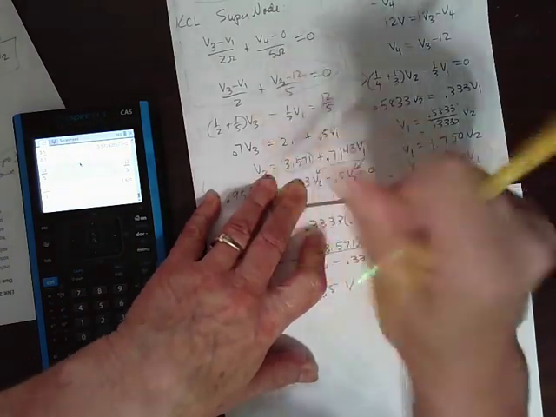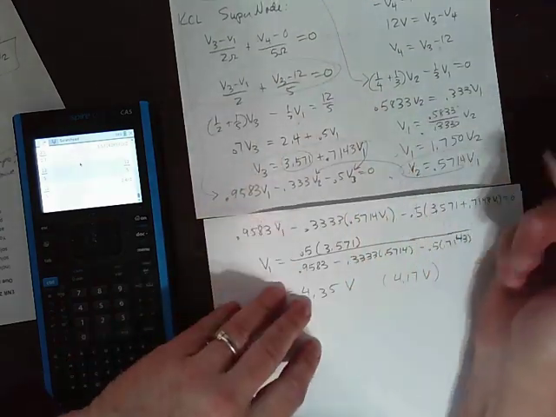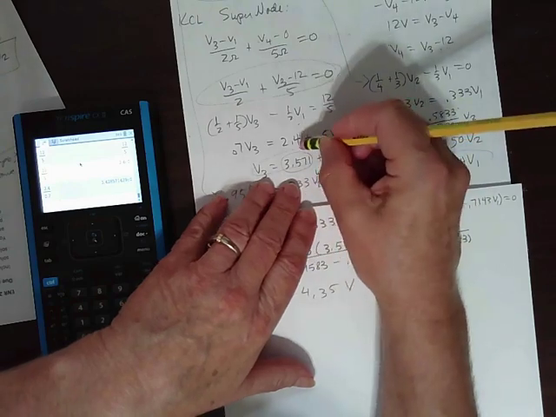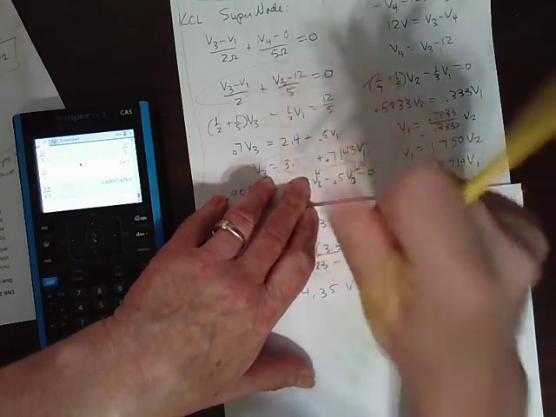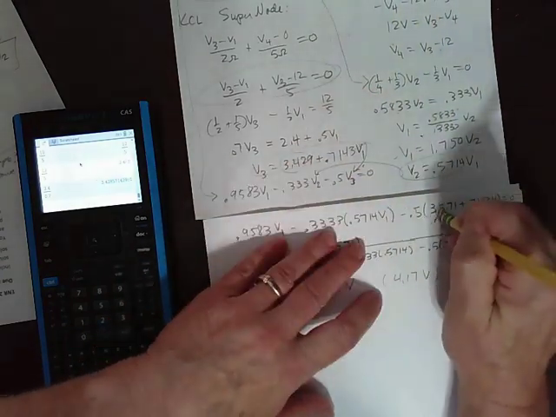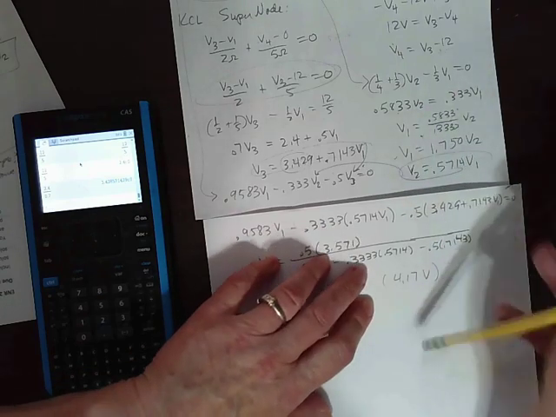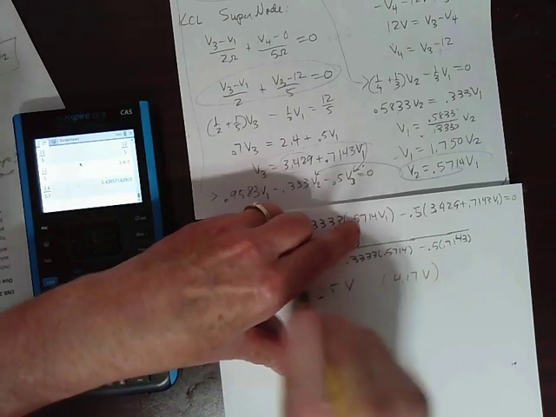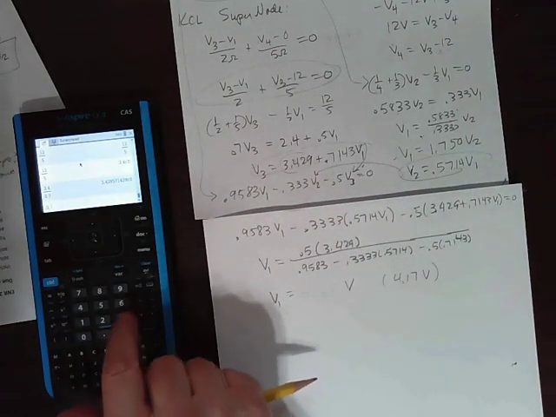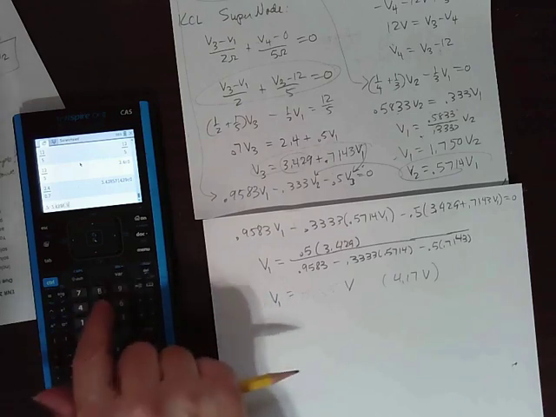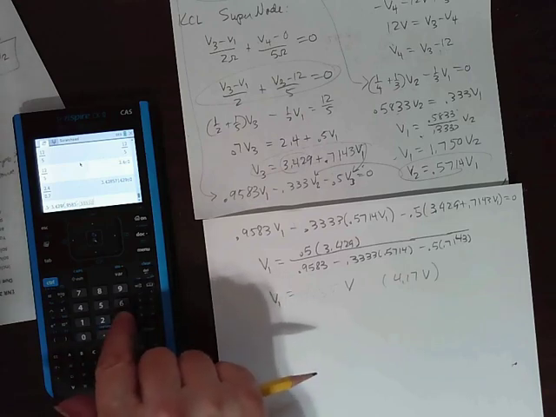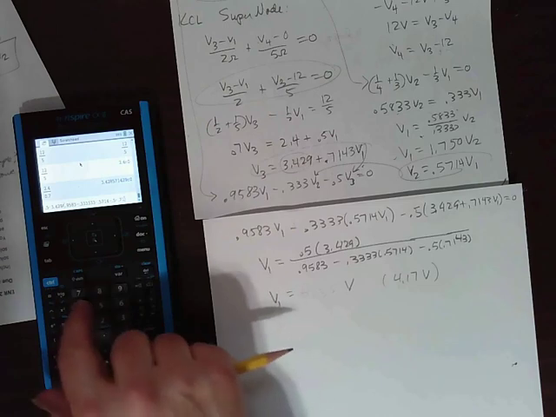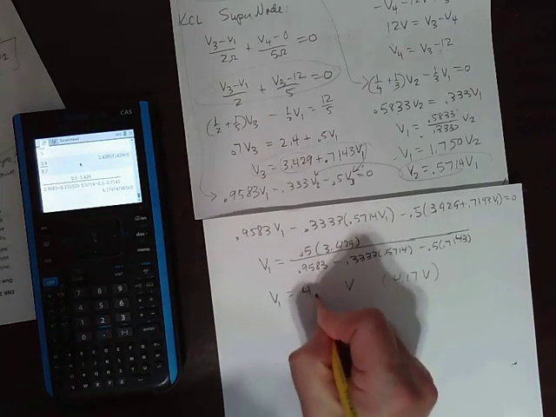Okay, so this should have been 2.4, not 2.5. So this is 2.4 divided by 0.7, 3.429. 4.17 volts.